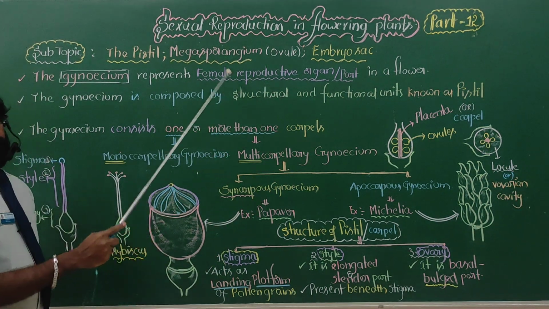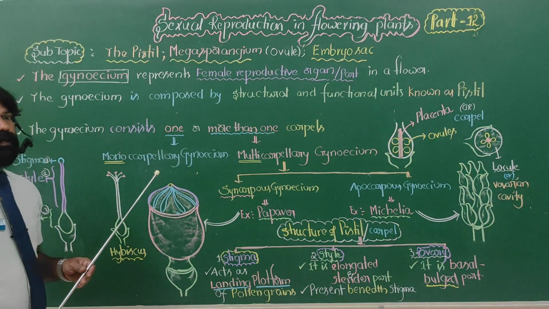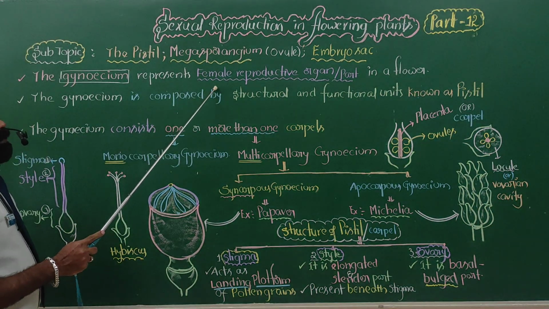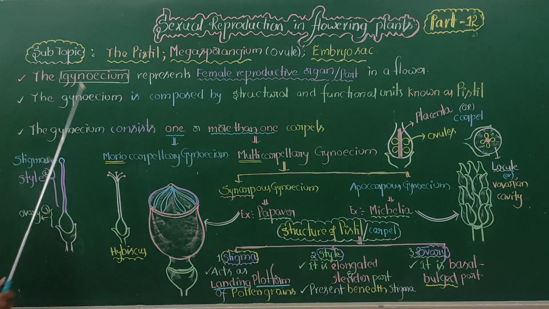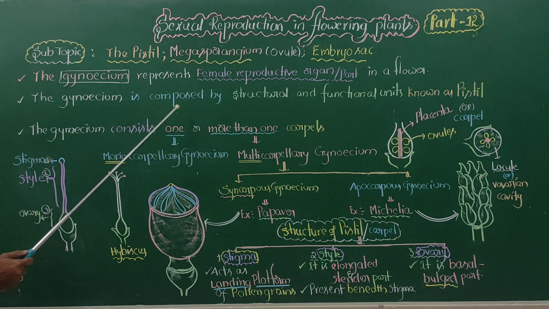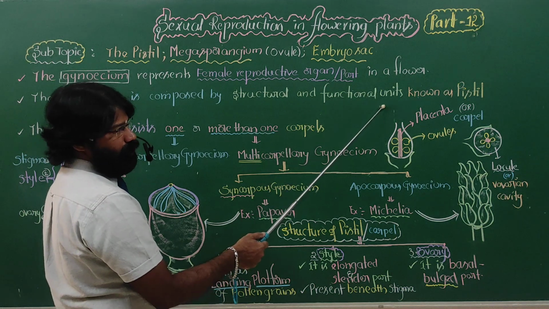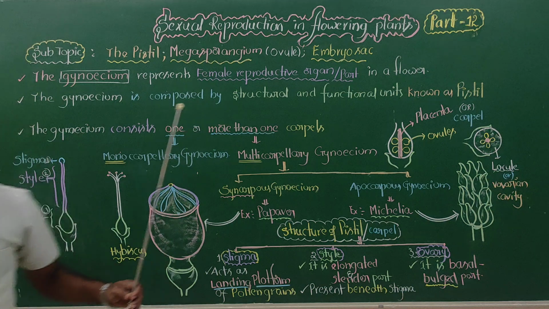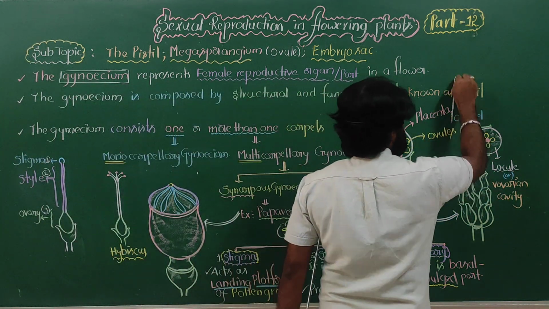It is very important. The male reproductive organ in a flower is the androecium, and the female reproductive organ is the gynoecium. Now, the gynoecium is composed of structural and functional units known as pistil or carpel. Either pistil or carpel, both are the same.